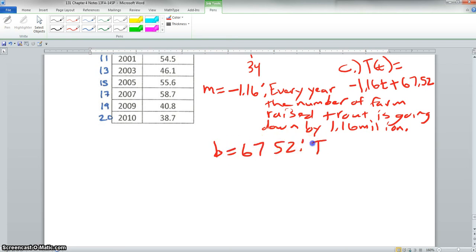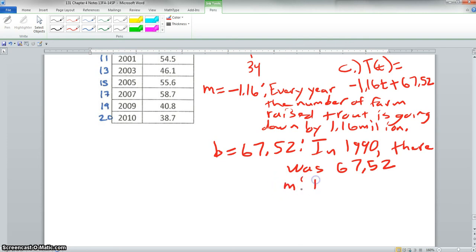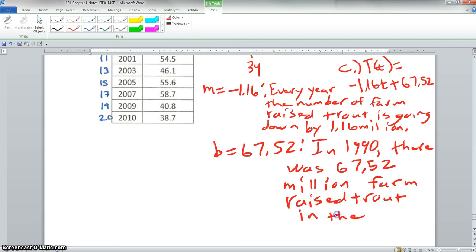And this means in 1990, there was 67.52 million farm-raised trout in the U.S. Okay, and that's the final answer for data set 1.